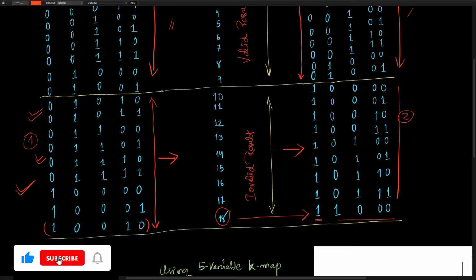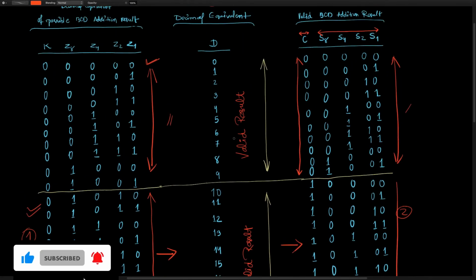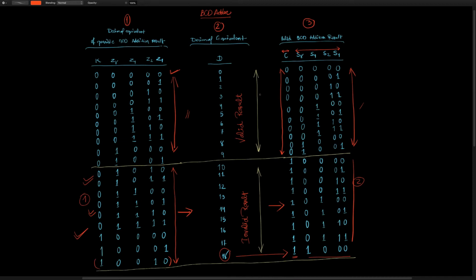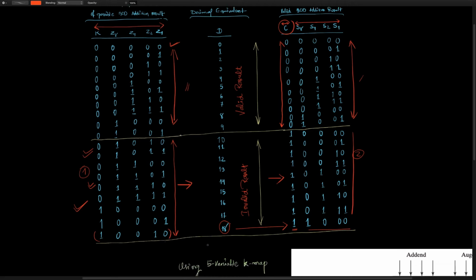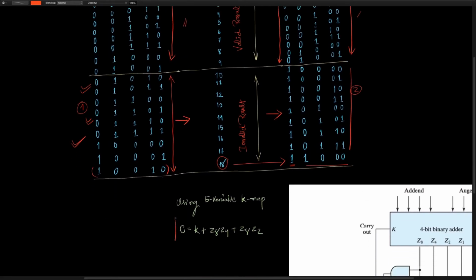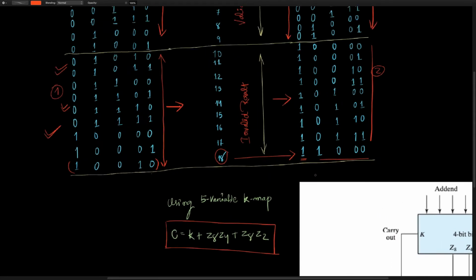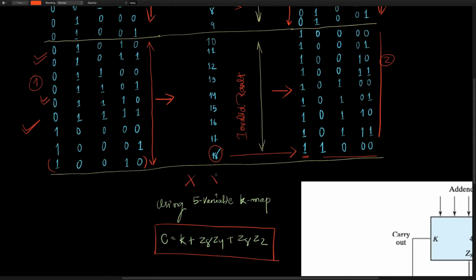Now we have a function, and we will take the help of a K-map. We have an output function C here, and the inputs are these 5 bits, so we have to use a 5-variable K-map. Finally we get the solution as something like this. I haven't derived it, but you can easily derive it. We also take the help of don't care conditions.